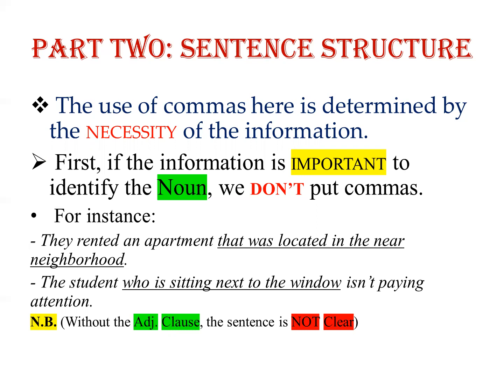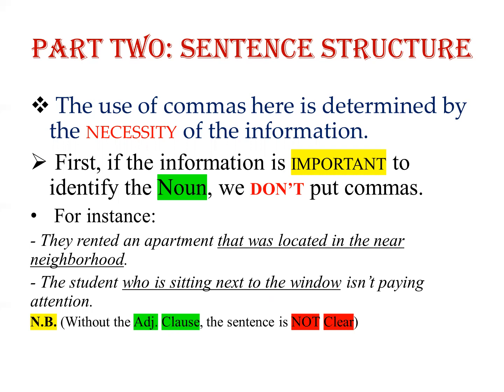It needs something to make it clearer. So we add the adjective clause that describes the noun, the apartment. This apartment is located in the near neighborhood. They rented an apartment that was located in the near neighborhood. Now I understand that the apartment they rented is in our neighborhood.